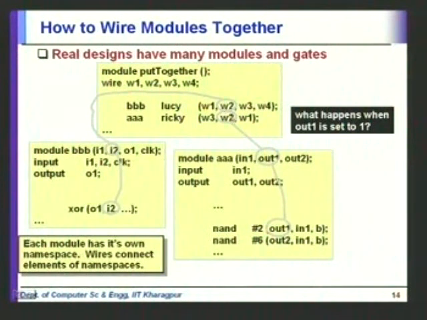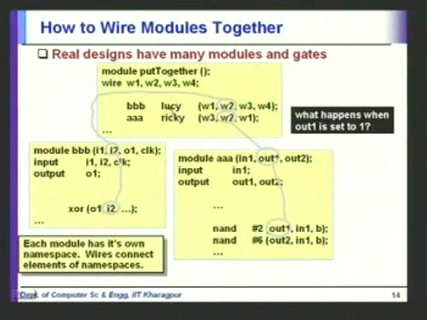So W2 will change here because the output of this has changed, and now that is wired to the input W2 of this. When this changes, this W2 will change and also this W2 will change, because this one is driving both of them.